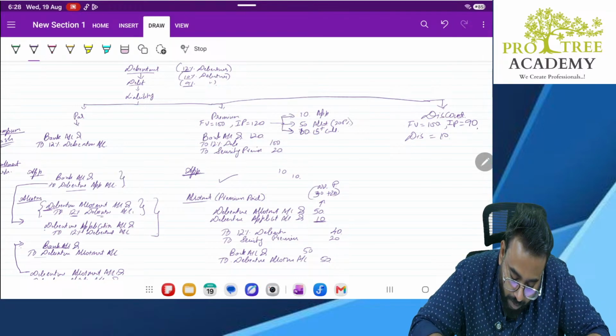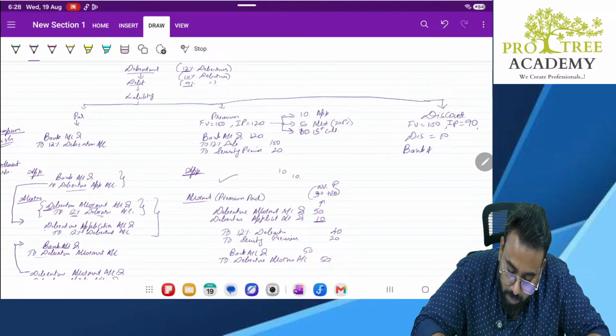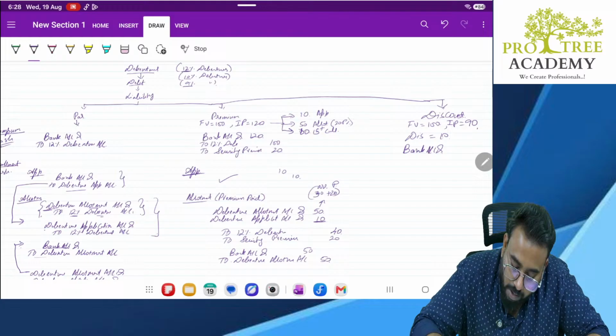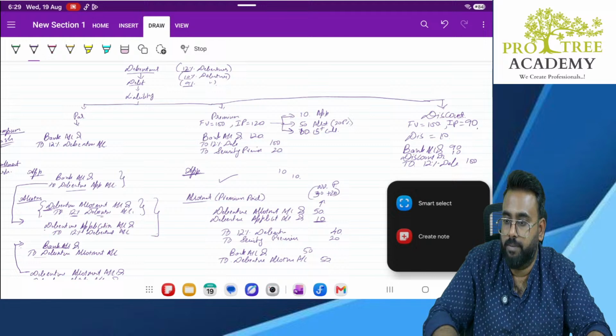Next, if lump sum, what is the entry? Bank account debit, discount account debit. Why discount account debit? Because it is an expense to us. To 12% debentures. So here, for example, 90, 10 and 100. Clear?